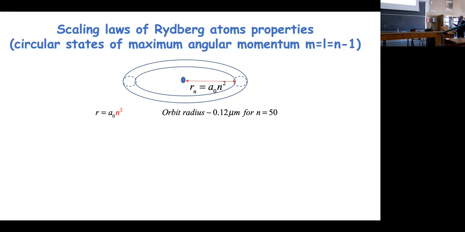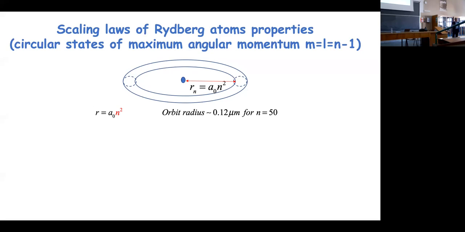The main parameter is the size. It is a naught, the Bohr radius, times n squared. And since we will be working with atoms which have a principal quantum number of the order of 50, you see that the orbit size is 0.12 micrometer. So it's an atom which has almost the size of a virus, of a microbe.